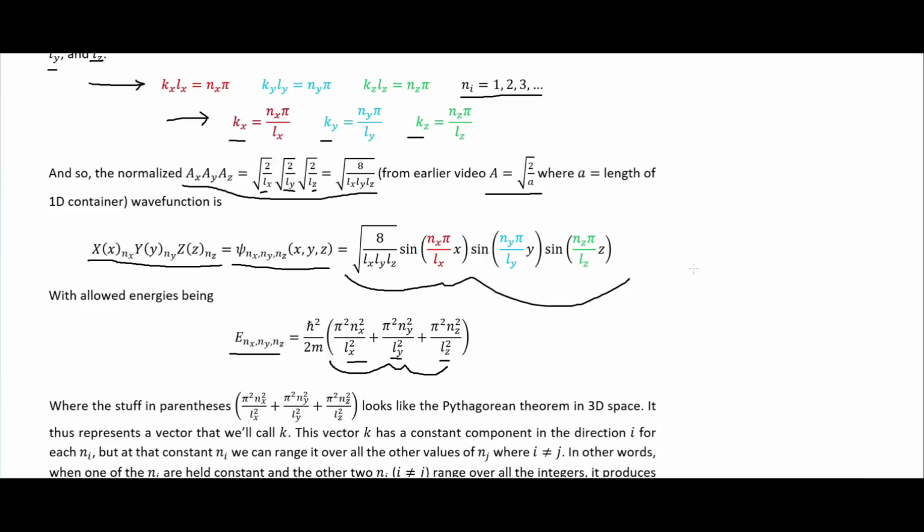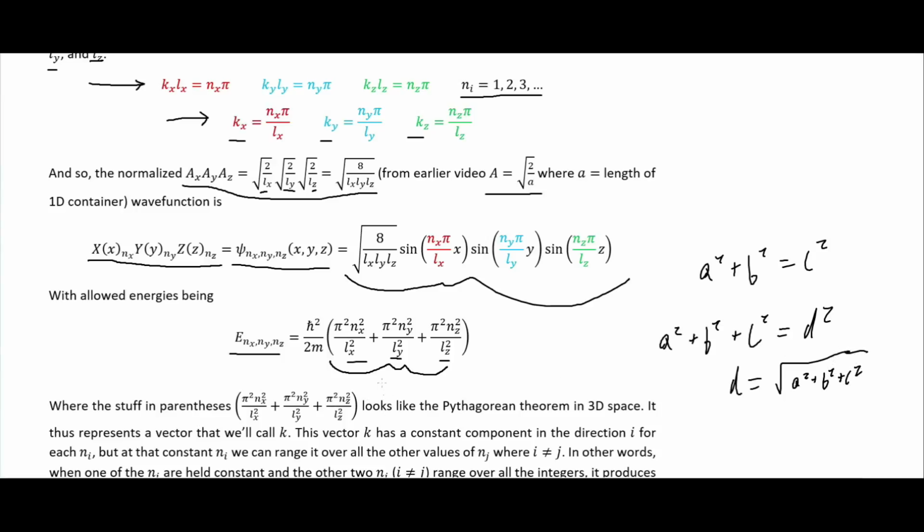The Pythagorean theorem in 2 dimensions is a squared plus b squared equals c squared. In 3 dimensions, it would just be a squared plus b squared plus c squared equals d squared, where we can say that d is equal to the square root of a squared plus b squared plus c squared.